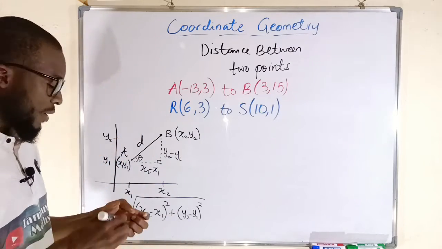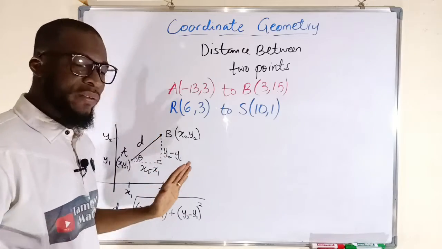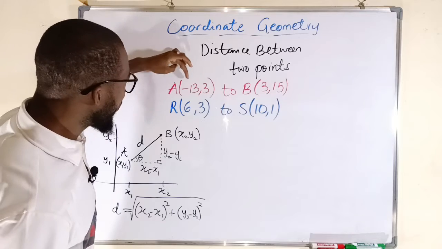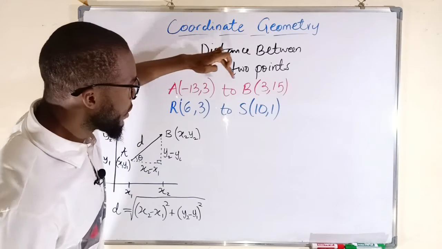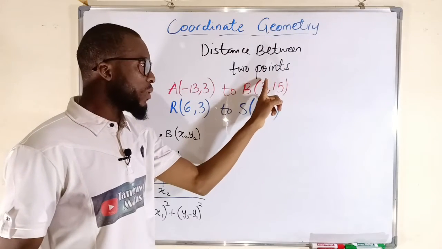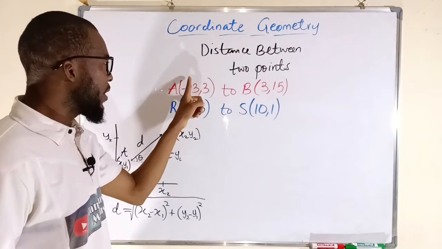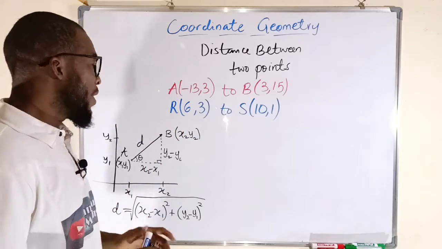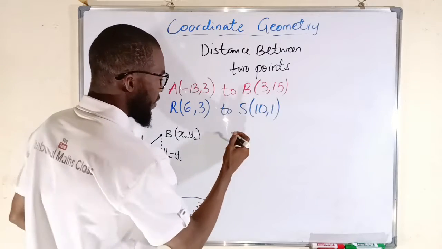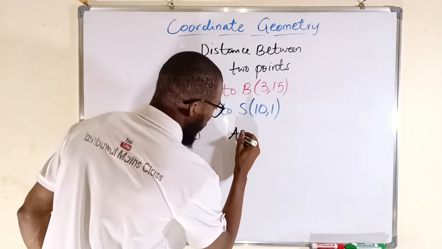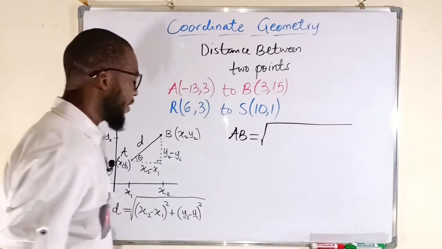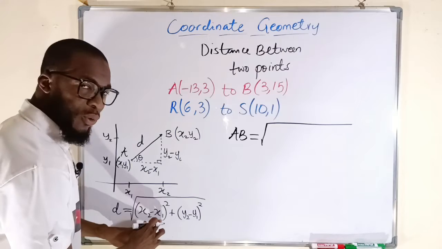So let's start with this one. Whenever you wish to find the distance between two points, you can start from either side. If you start with this side, you can call this one x1, y1, then x2, y2. And if you start with this one, you can call this one x1, y1, then x2, y2. It doesn't matter. So if you wish to find the distance between A and B, let me start with AB. It is equal to the square root of x2 minus x1 whole squared.